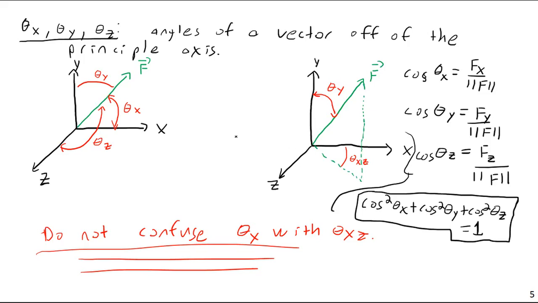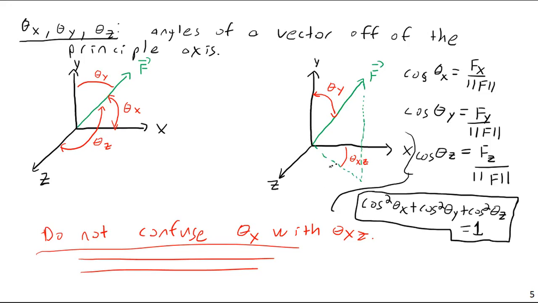Okay, so the question is, can I explain the difference again between theta x and theta xz? Theta x is the angle from force F directly to the x-axis. Notice here, this is a three-dimensional picture. I have force F, and then I projected it down into the xz plane. Can you kind of visualize that? There is an xz plane here, and theta xz is in the xz plane.